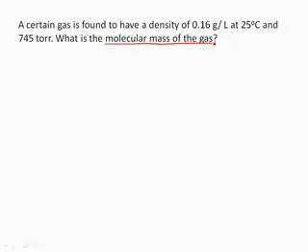The key thing to remember in these types of problems is to think about the units of what you're trying to find. So molecular mass of a gas is grams over moles, grams per mole.